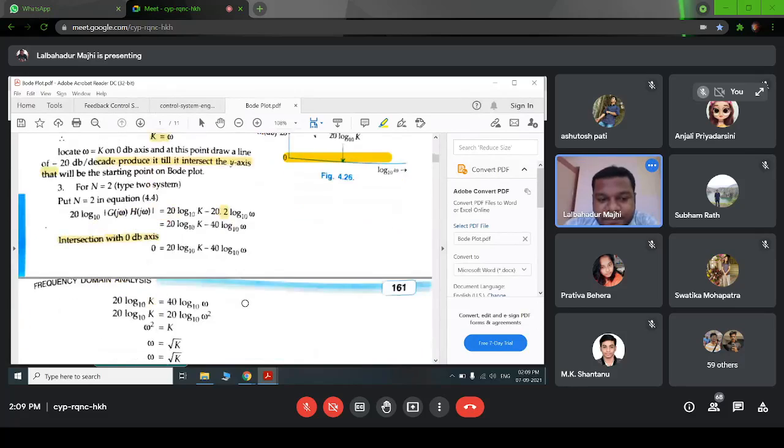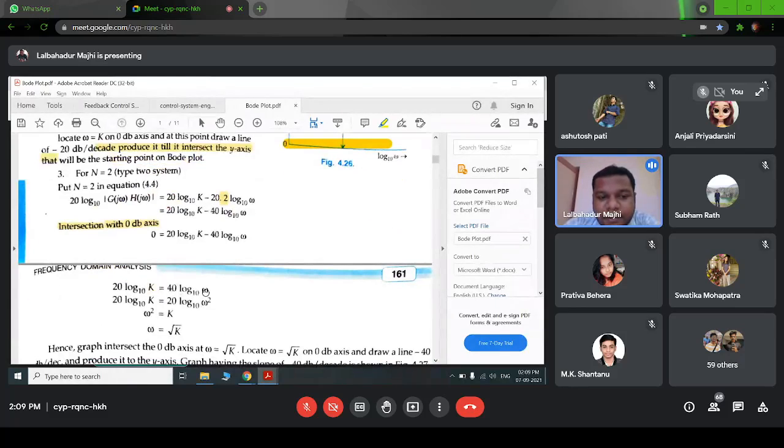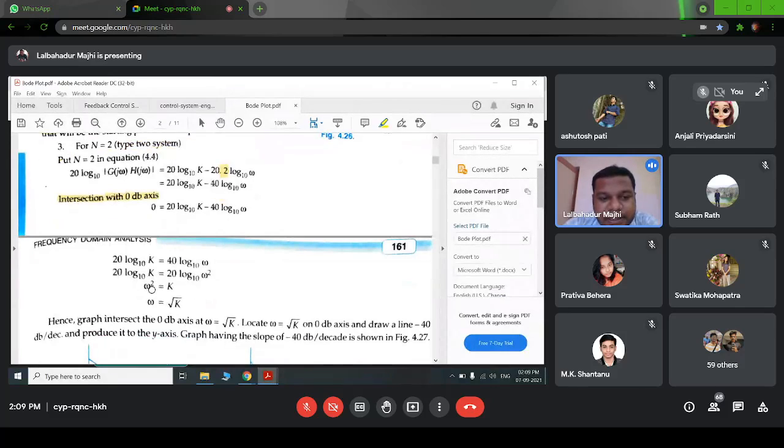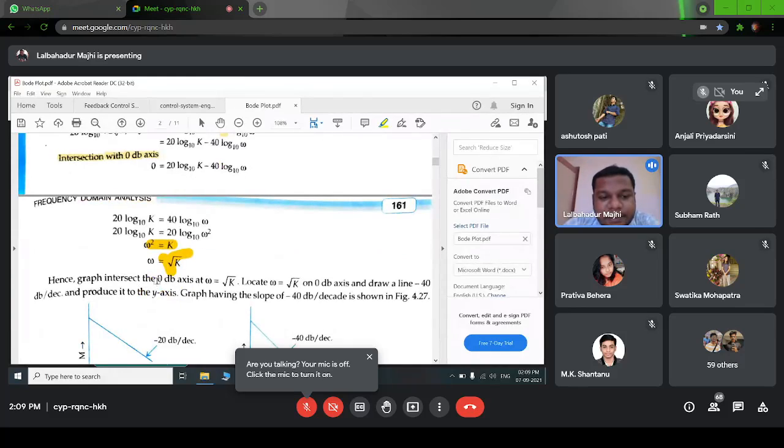From this equation, omega squared is equal to K, so omega is equal to root K. Hence the graph will intersect the 0 dB axis at omega equal to root K. So we locate omega equal to root K on the 0 dB axis, and draw a line of minus 40 dB per decade till it intersects the y-axis.